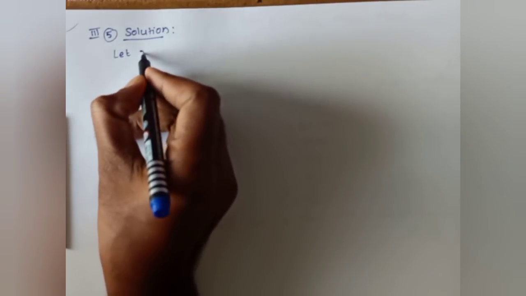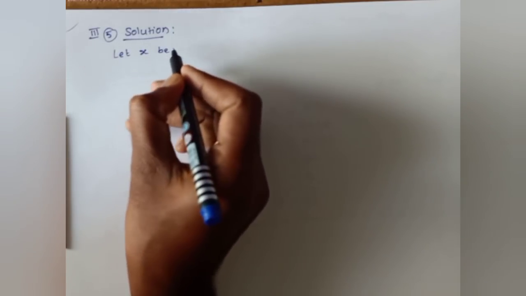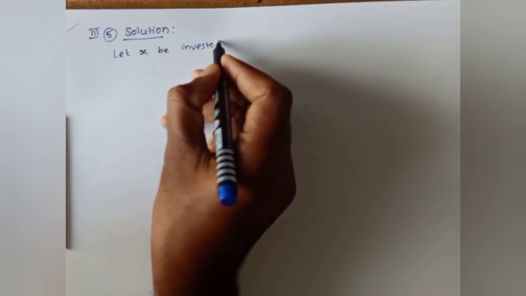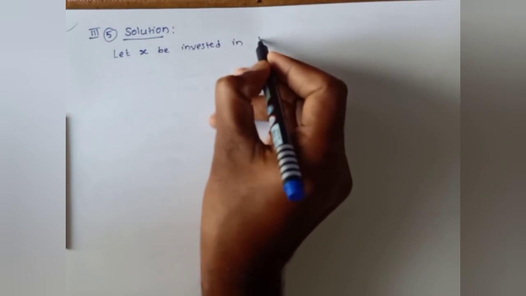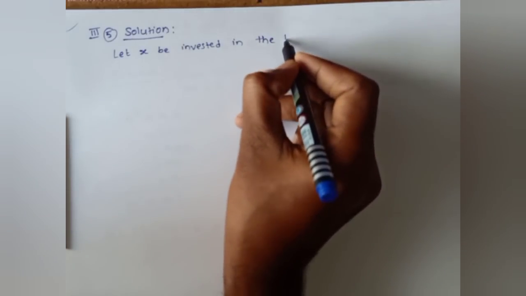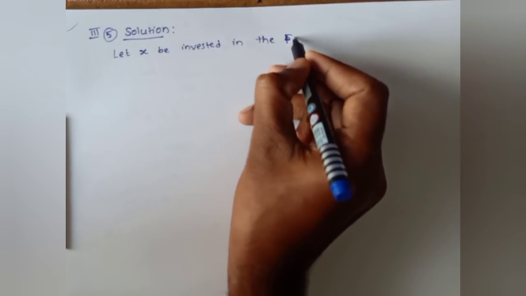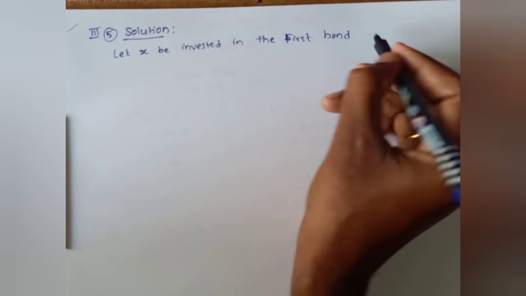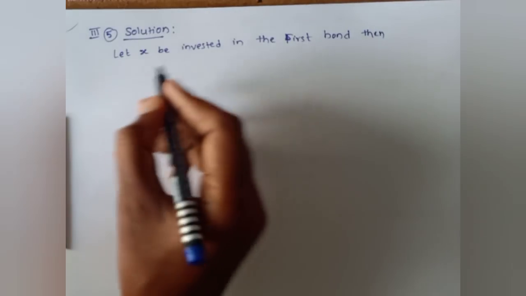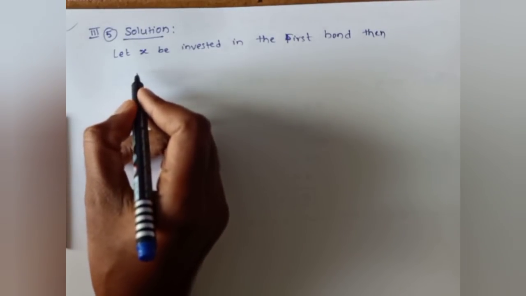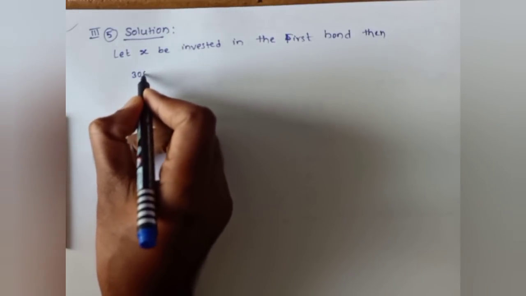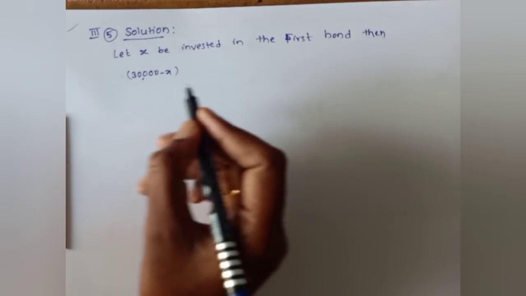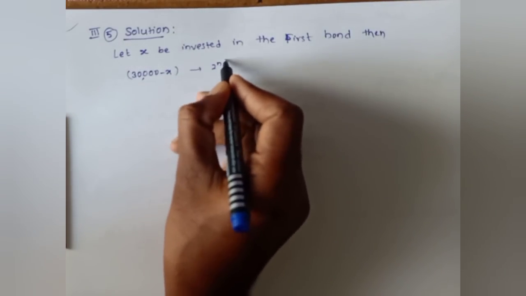So let x be the amount invested in the first bond, then the second bond should be 30,000 minus x, obviously. So this is for the second bond.